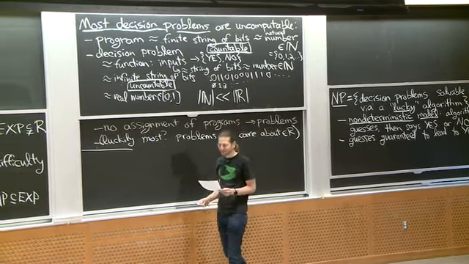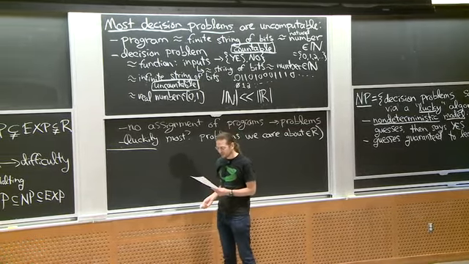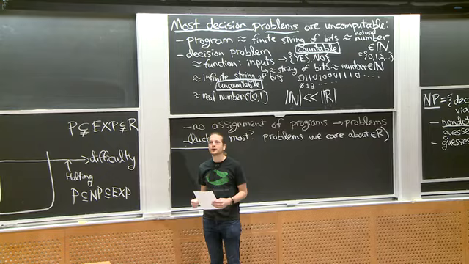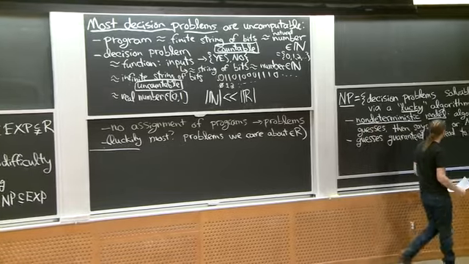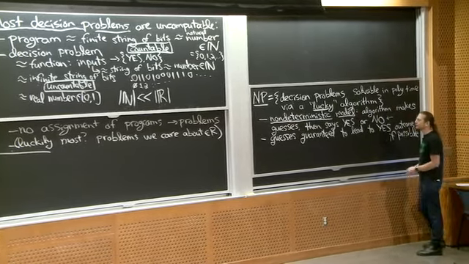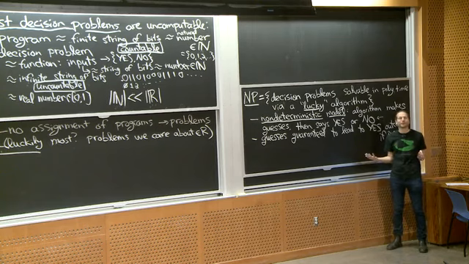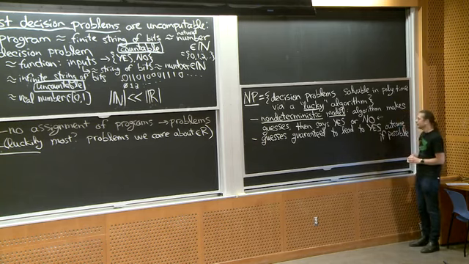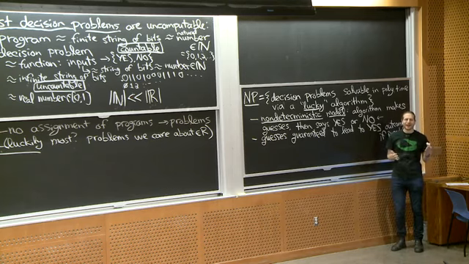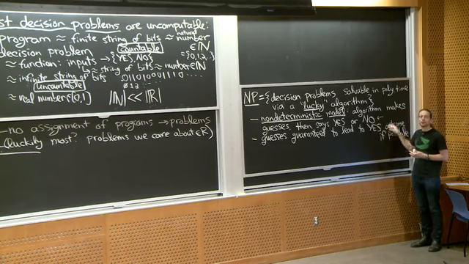If you had this magical computer that can guess whether it's yes or no, why doesn't it just answer the question? So a nice check is, does this make all decision problems trivial? Maybe I should say, well, I don't know whether the answer to the problem is yes or no, so I'll just guess yes or no. This is problematic because I might say it will guess A or B, and if I choose the A option, I will output yes, and if I choose the B option, I will output no. In this model, that algorithm will always output yes, because what it's saying is if there's any way to get to a yes answer, I will do that way.